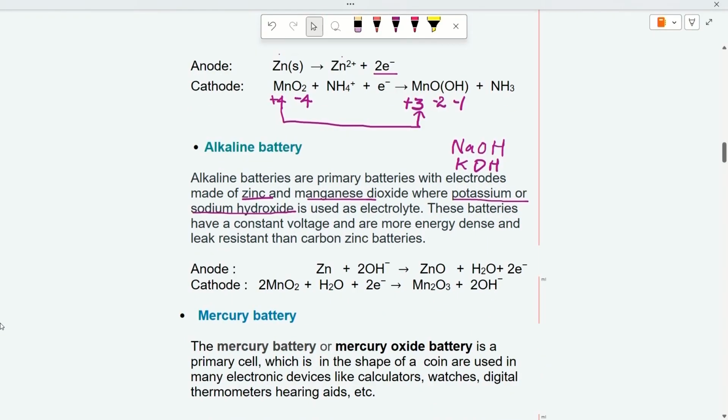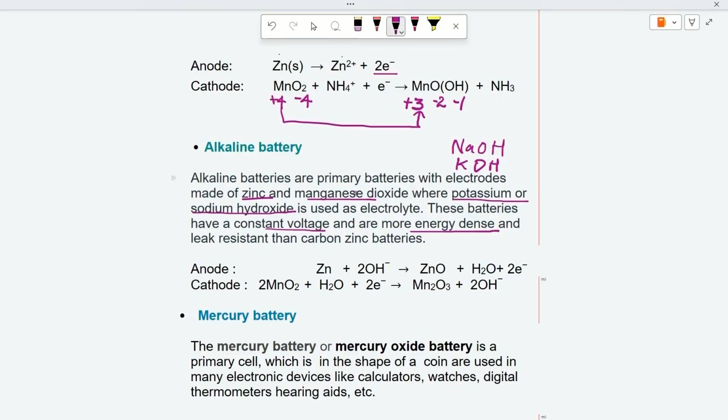Now, one more point to be noted is that these alkaline batteries, compared to the zinc carbon batteries, have more constant voltage and their energy density is higher. So, you can have an alkaline battery with a longer life compared to the zinc carbon battery. These are also available in the market and we are using them.